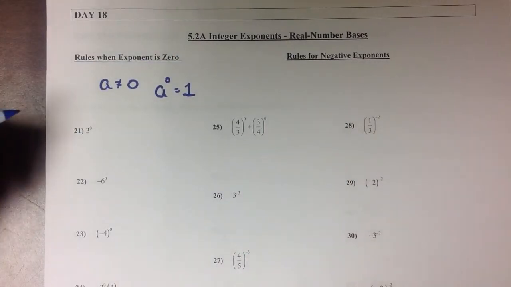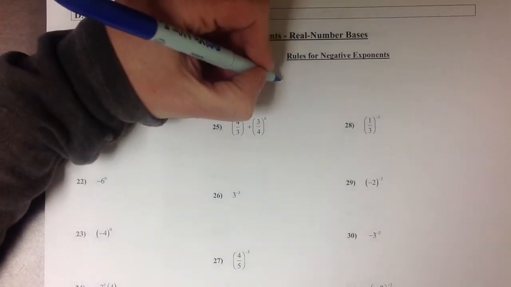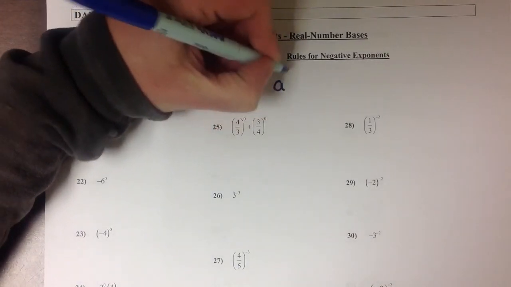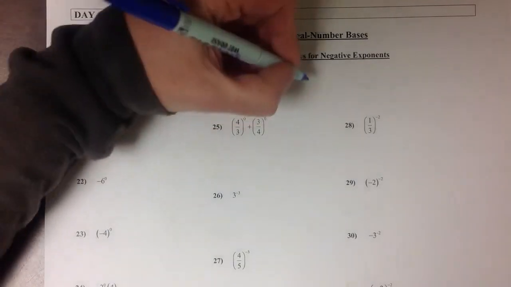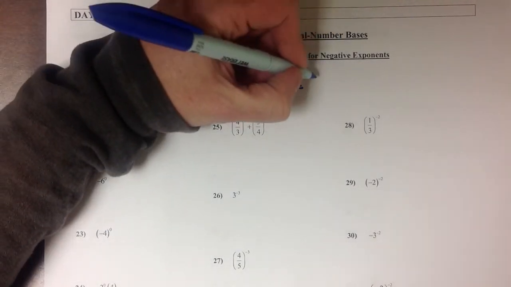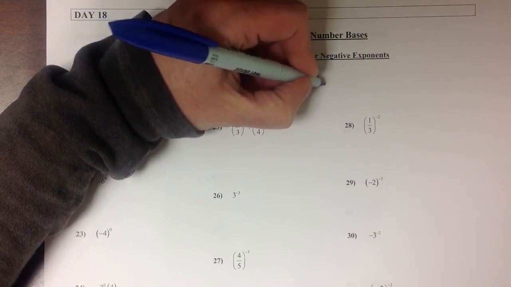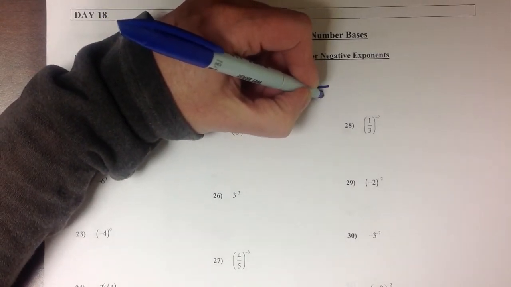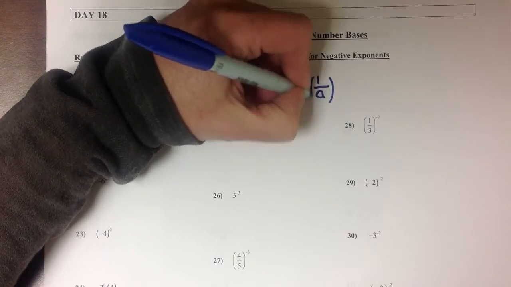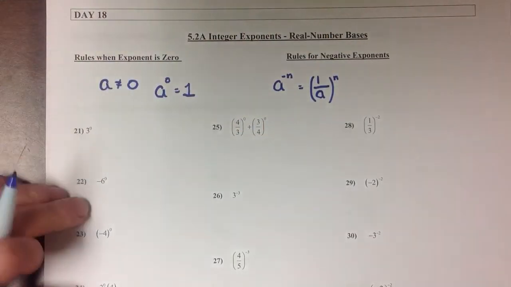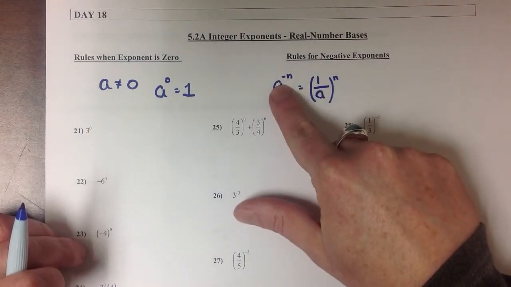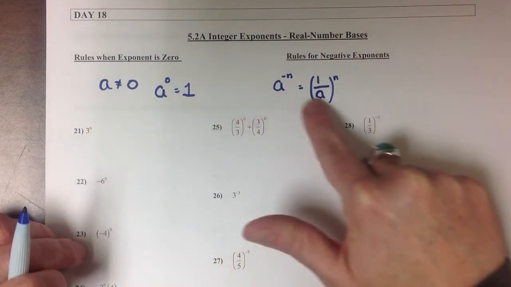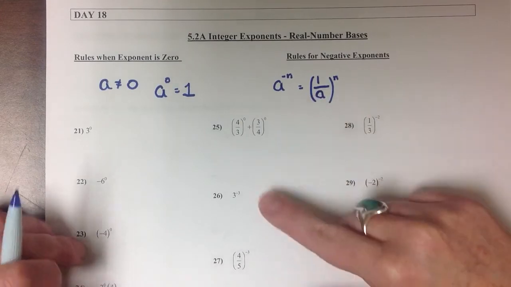With negative exponents, if you have an a and its exponent is negative, that is the same thing as 1 over a to the n. So it takes the base and moves it to the other side of the fraction bar.